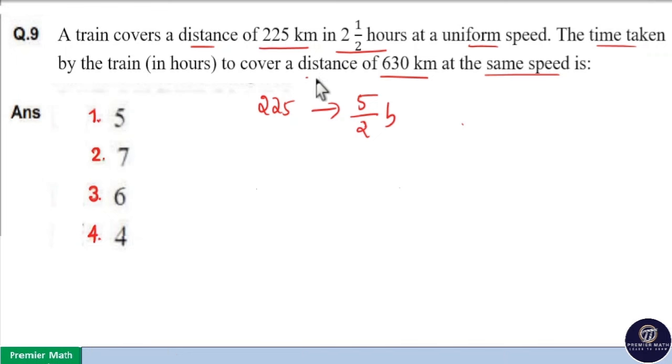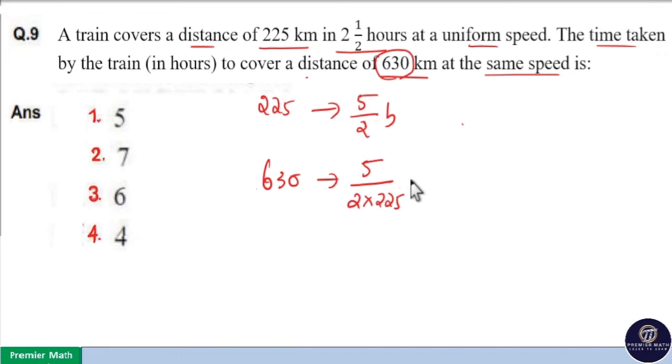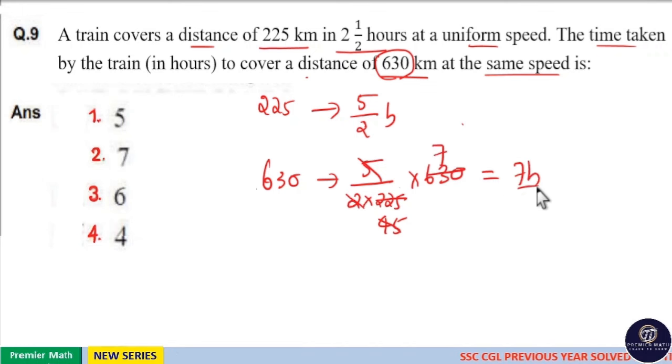Now time taken to cover 630 km with the same speed is 5 by 2 into 225 into 630. Now 5 goes 45 times in 225. 2 into 45 is 90. 90 goes 7 times in 630. So 7 hours. Option 2 is your answer.